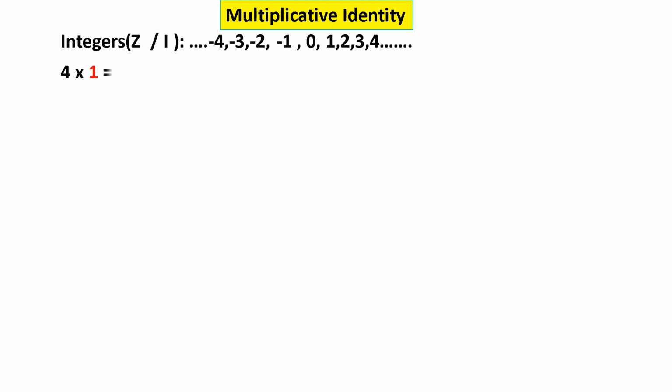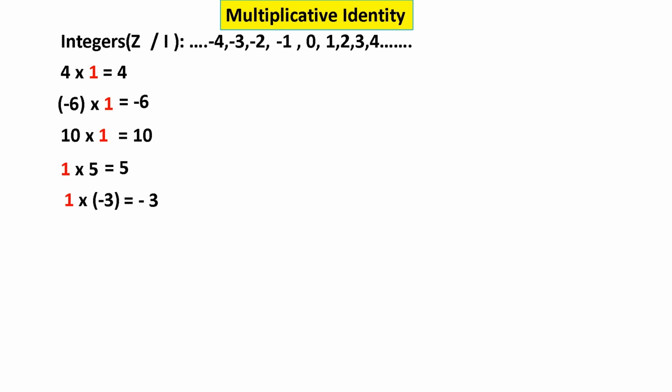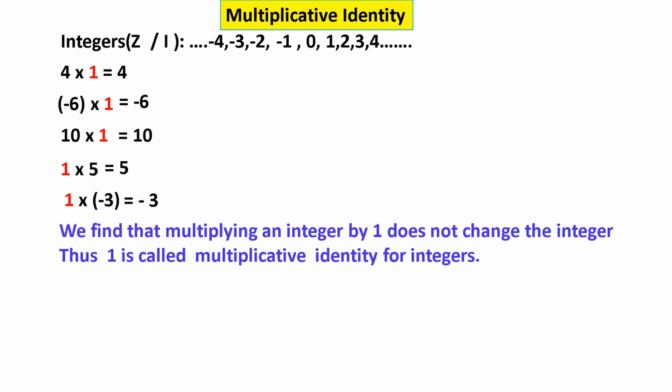Next, multiplicative identity. Here 4 into 1 we get 4, and minus 6 into 1 is minus 6, 10 into 1 is 10, and 1 into 5 is 5, and 1 into minus 3 is the same, we get minus 3. Now we find that multiplying an integer by 1 does not change the integer.